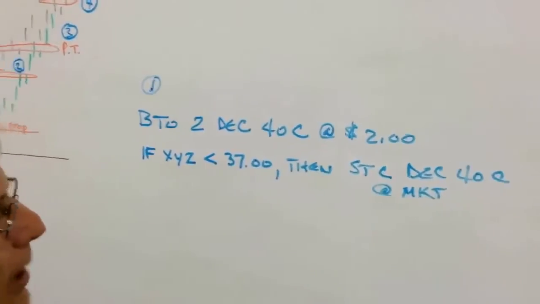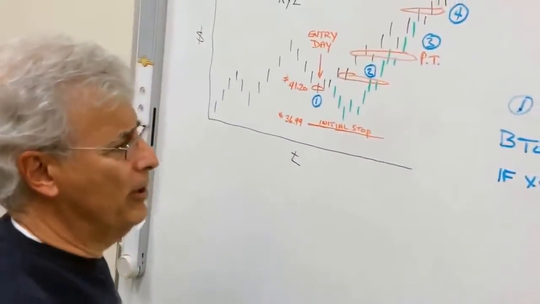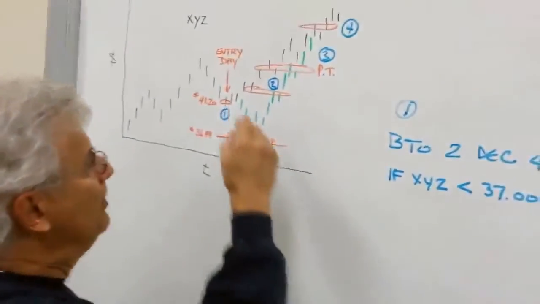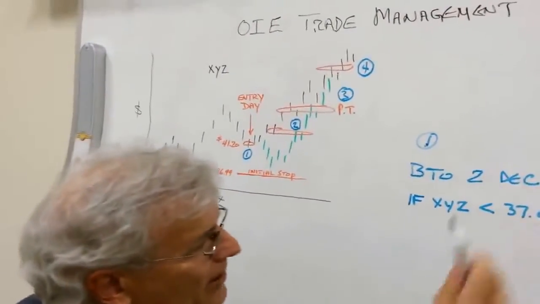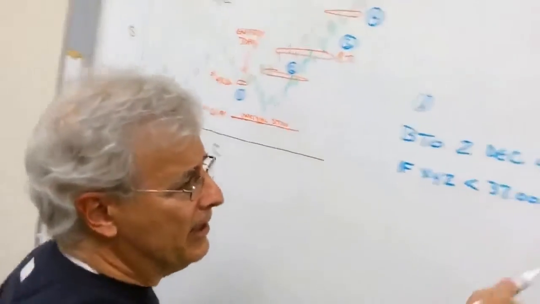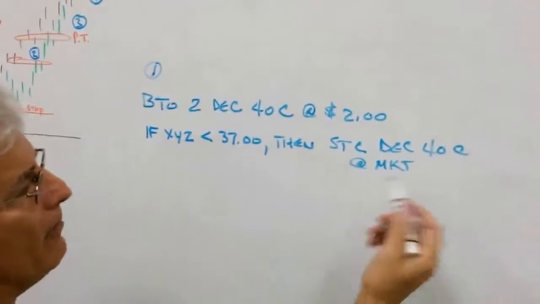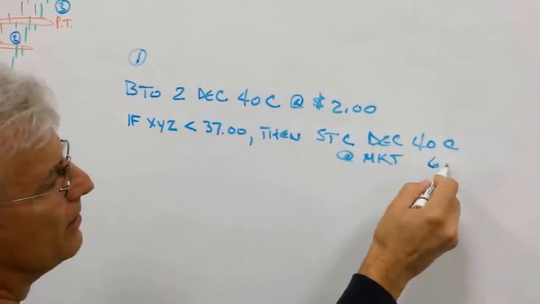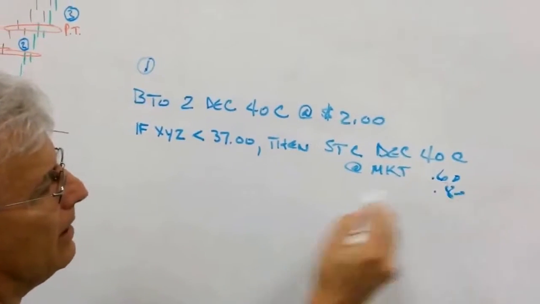Because at that point, we want to be out. The premise of the trade's over with. So even a losing trade like that, we would lose less than the maximum of $2 because this call option would still have a value, let's say 60 cents or 80 cents.